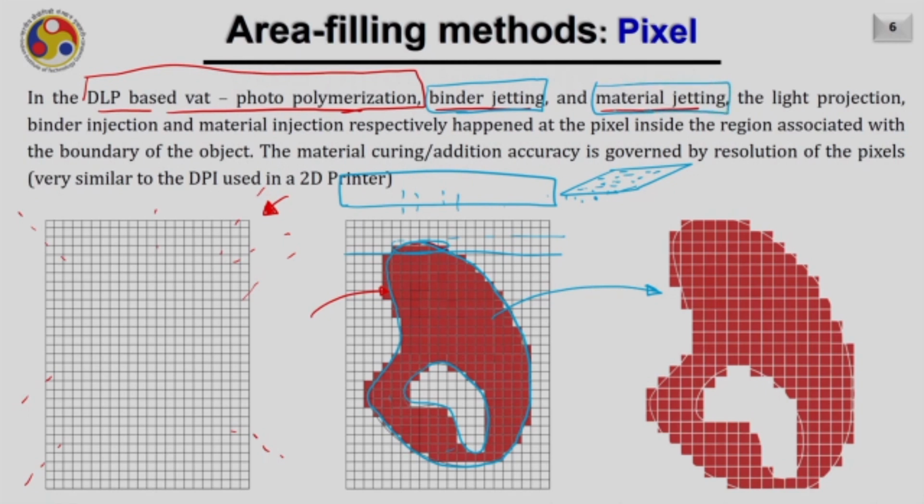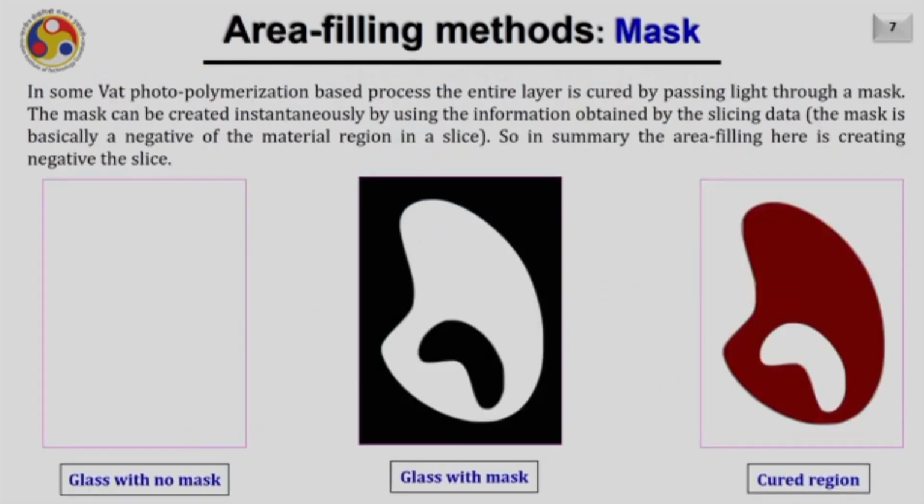So filling the area inside the contours we obtained through slicing is quite easy in the case of material jetting, binder jetting and DLP based wet photopolymerization. It is governed by the method of pixels. Also, in some wet photopolymerization processes, a mask is used.